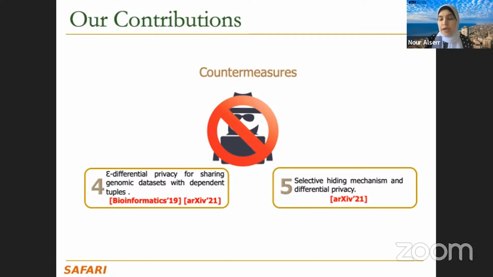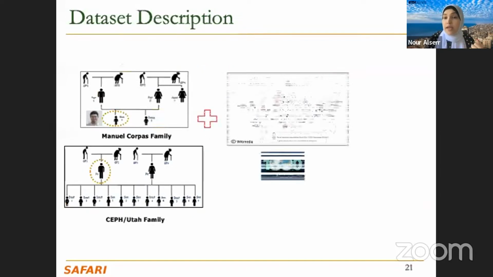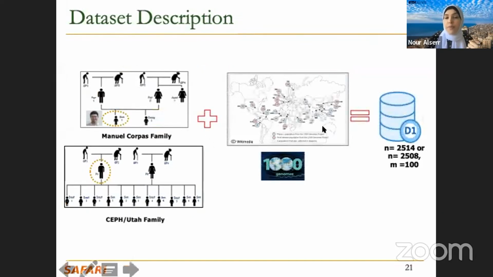Now, in all of these studies we use real-world data sets from the 1,000 Genomes Project. In this project, we have genomic data for more than 2,500 participants from different population areas. We also have two family data sets.